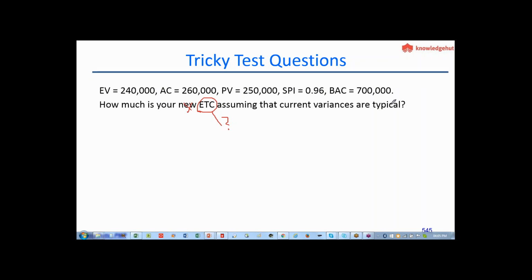So you'll have to backtrack a little bit on your formulas.